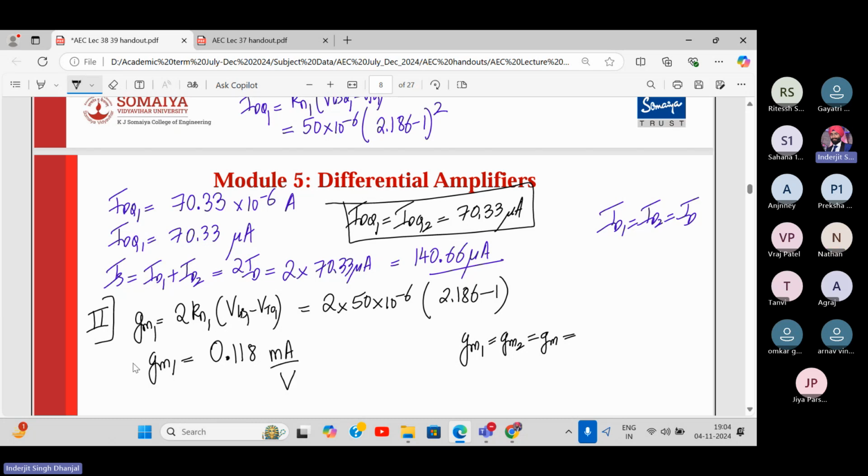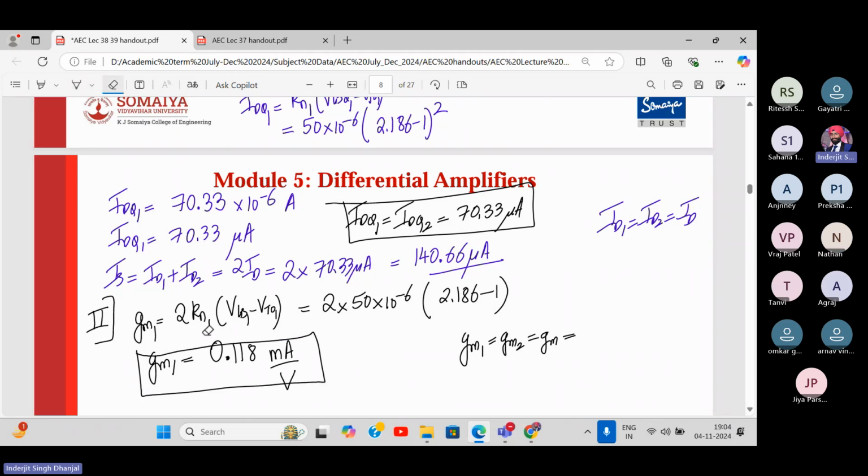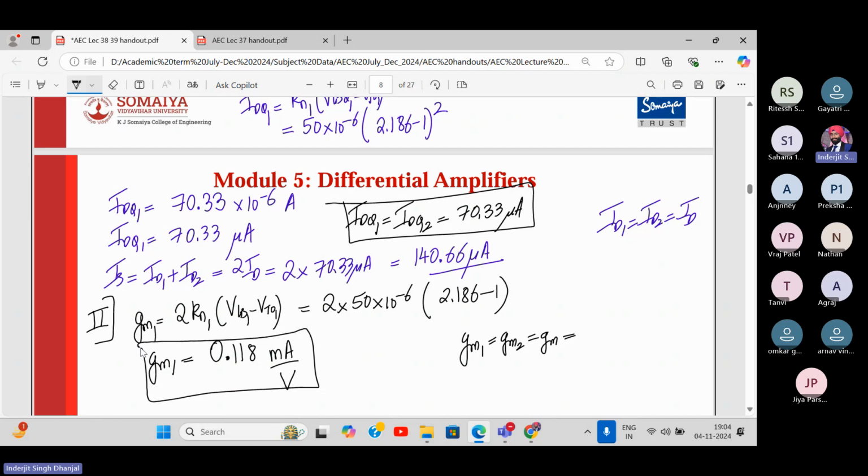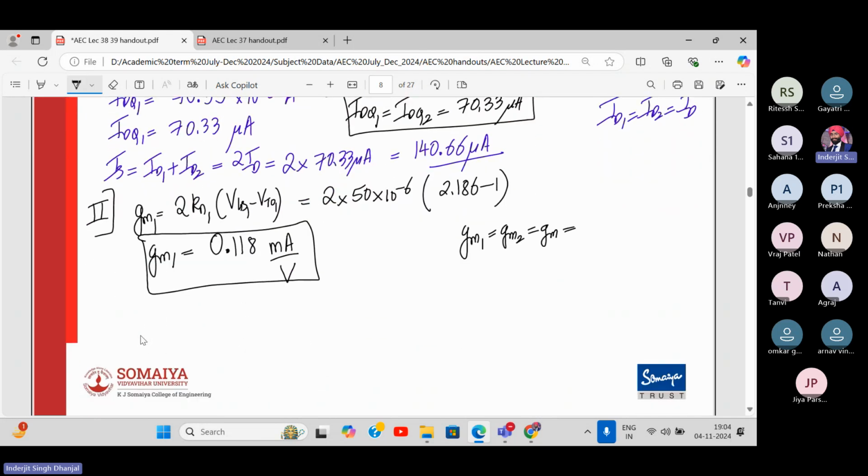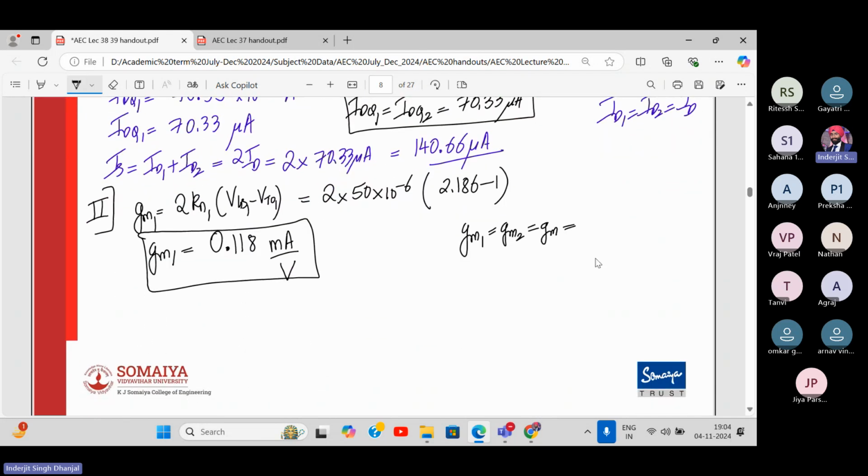Correct? So that's the value of GM1 equal to GM2 equal to 0.118, or we can write 118 microampere per volt. So it is 0.118 milliampere per volt. So that is the answer.